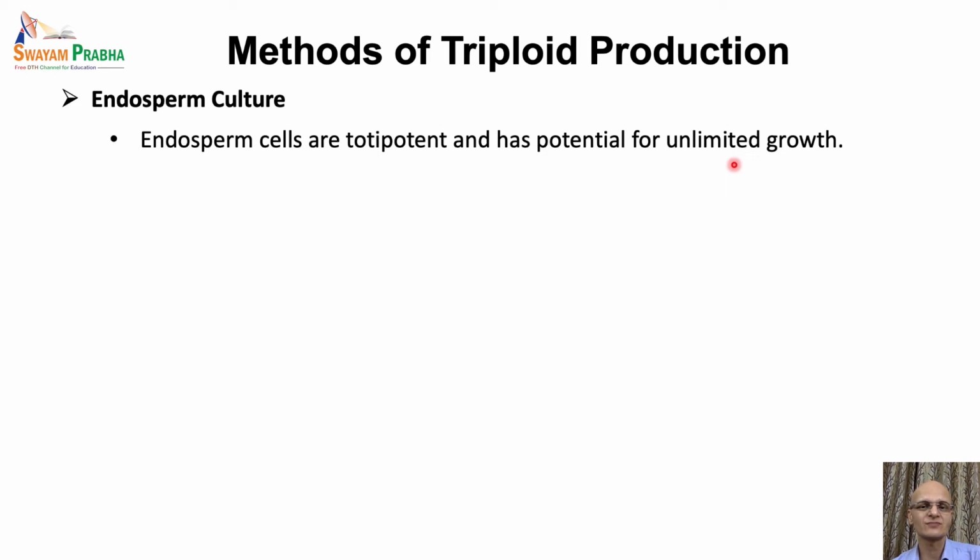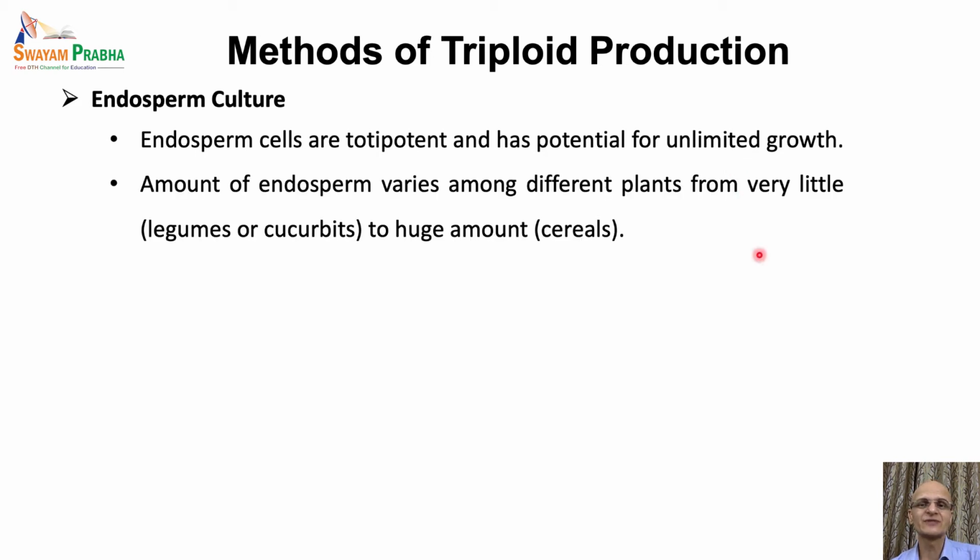Though endosperm is the nutritive tissue for the developing or germinating embryo, its amount varies among different plants, from very little in the legumes or the cucurbits to a huge amount in the case of the cereals.